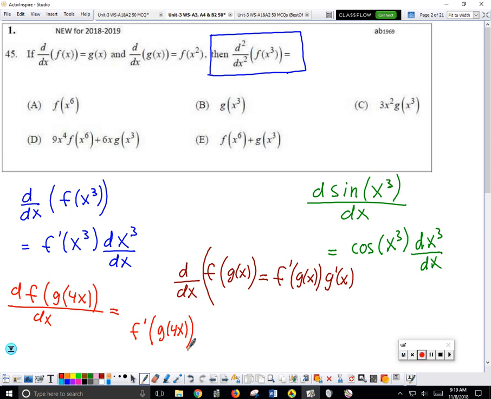So now I have to use the chain rule again. The derivative of g of something will be g prime of the something multiplied by the derivative of the something. It's the whole inception thing. Okay? That's it. Perfect. 2 points, please.